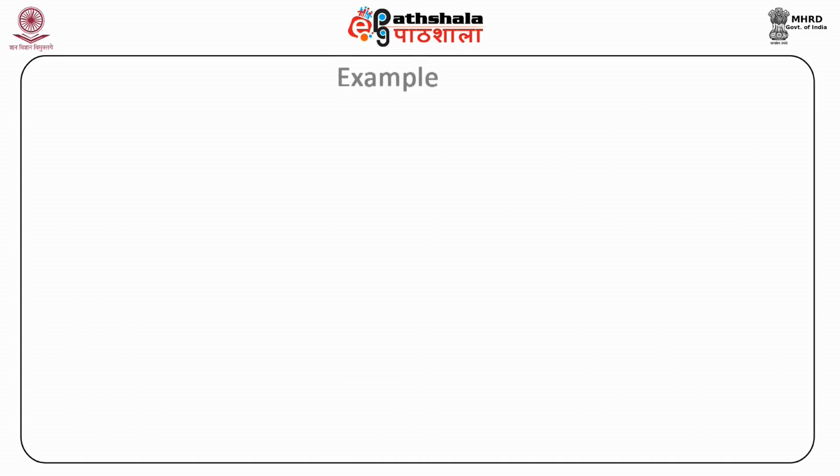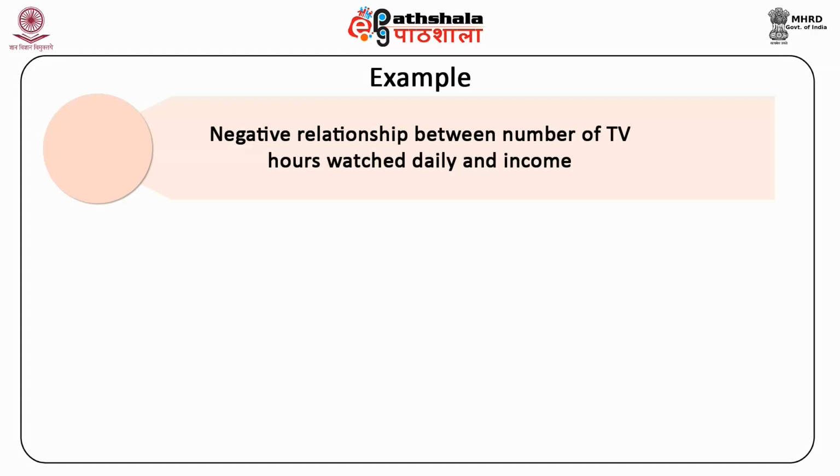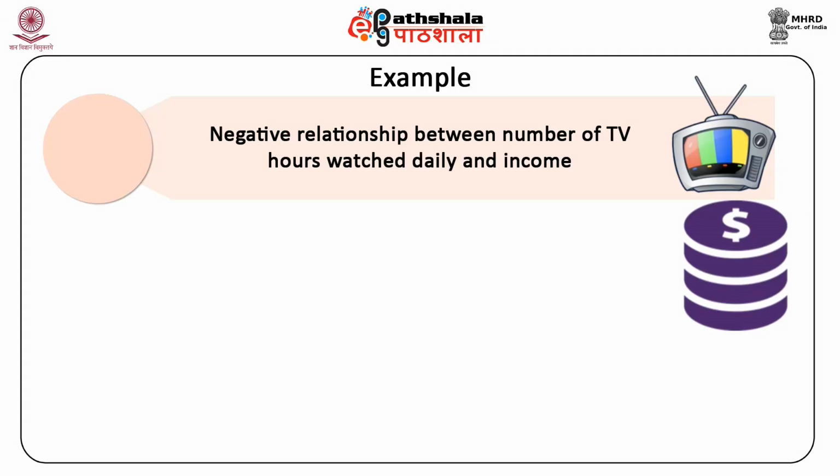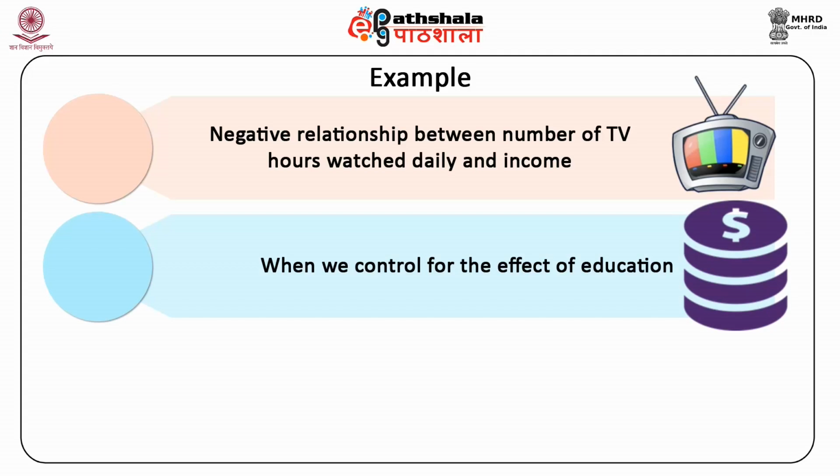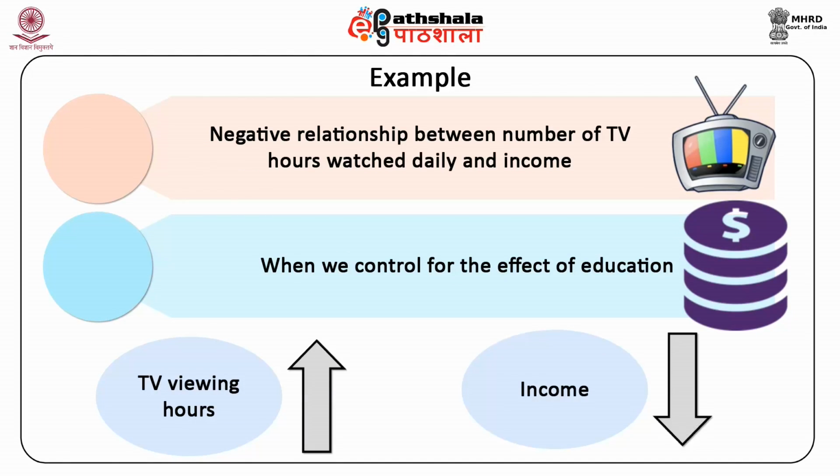Hence, we can conclude that there is a weak negative relationship between the number of TV hours watched daily and income when we control for the effect of education. As the number of daily TV viewing hours goes up, income goes down for people of any level of education. In other words, as income levels go up, the number of daily TV viewing hours goes down.